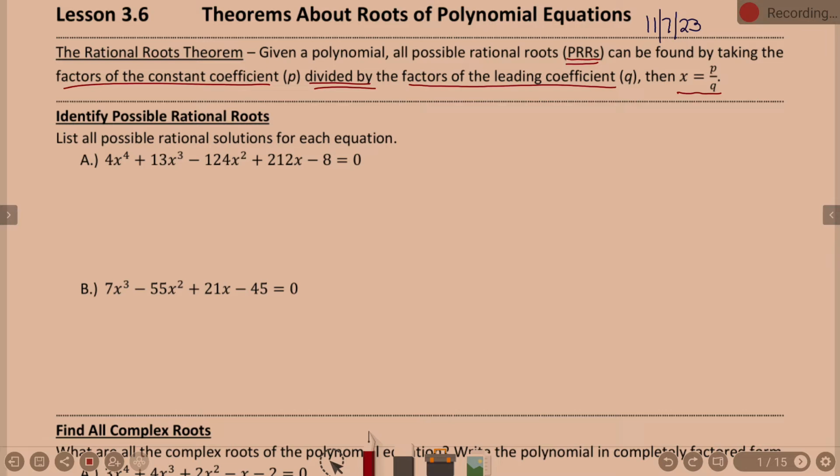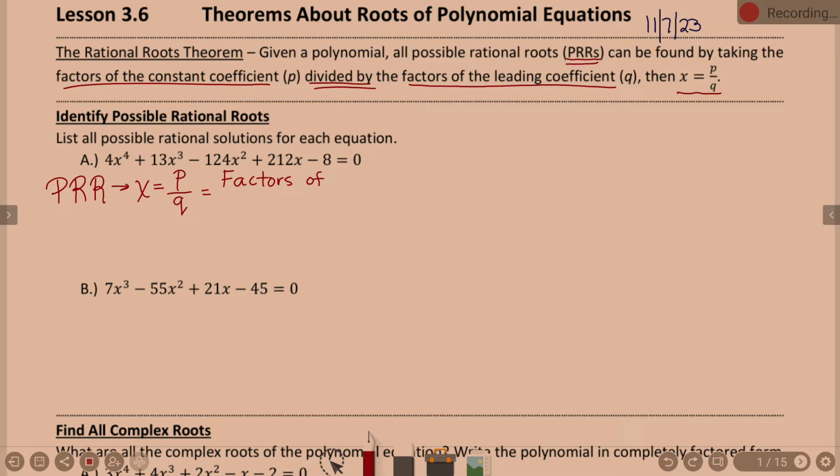Okay? So, PRRs. Okay? Often written as X equals P over Q. And P is said to be factors of the constant.